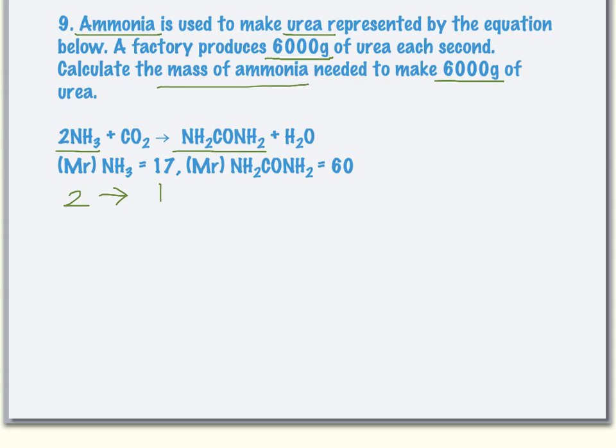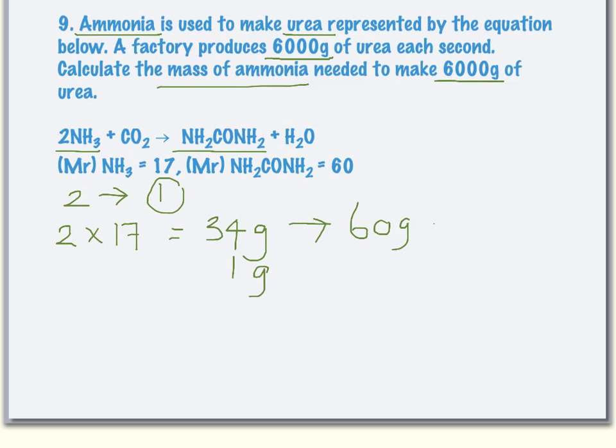So 2 moles of ammonia, 2 times 17 is 34 grams, makes 1 mole of urea, which is 60 grams. So 1 gram will make 60 over 34, which is 1.764 grams.